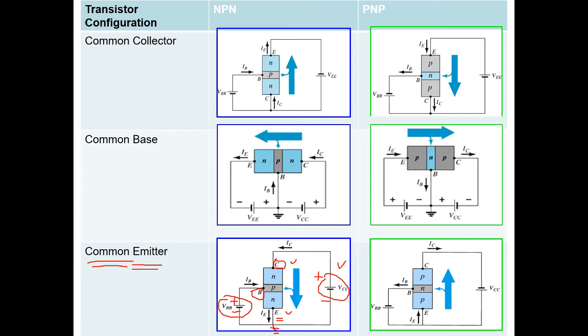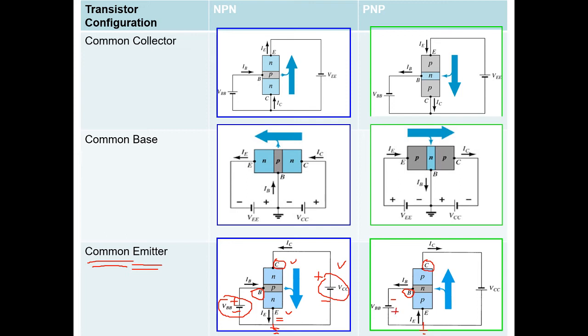Meanwhile, for a PNP type transistor, if you want to have a common emitter as well, here is your emitter, and you have ground over here. How do you put biasing to your base and also to your collector? You see your base is N-type, so you connect it to the negative source. Your emitter is P-type, so you connect it to positive.